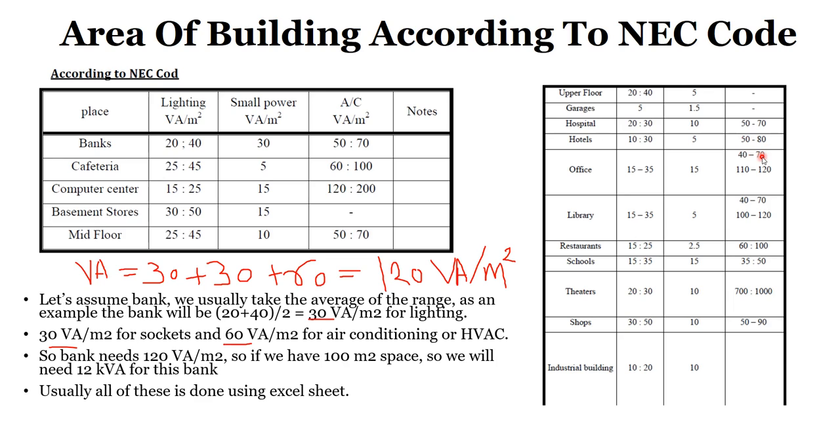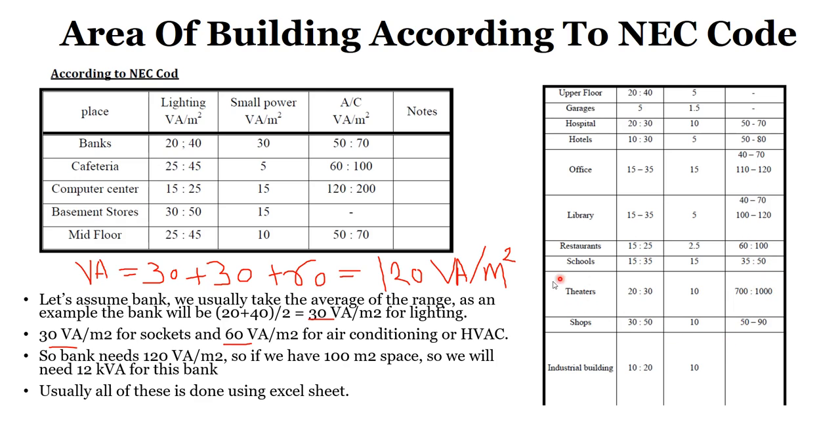However, if you have an HVAC system, then you are going to use 110 to 120. So this is for normal air conditioning separately in each room, but this one is for the HVAC system, which supplies air conditioning or cooling for all of the building. And same for all of this here.